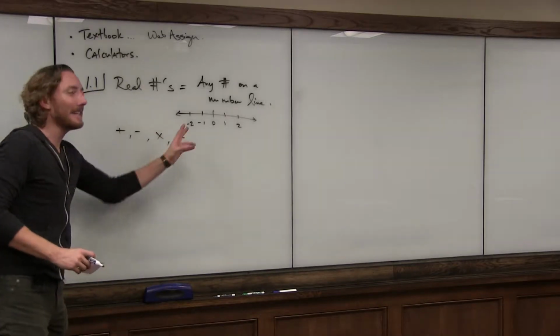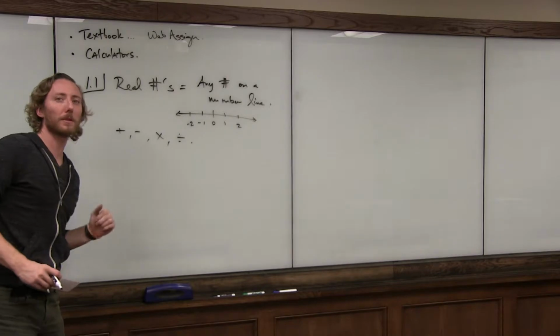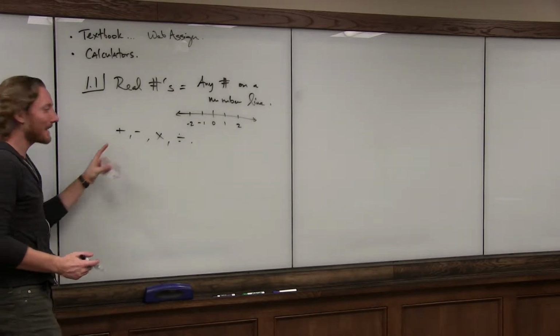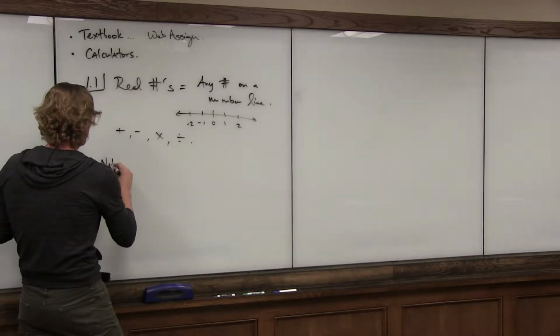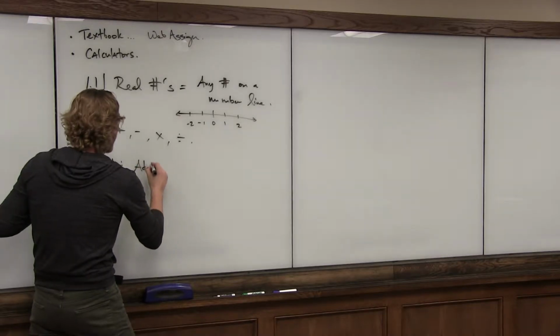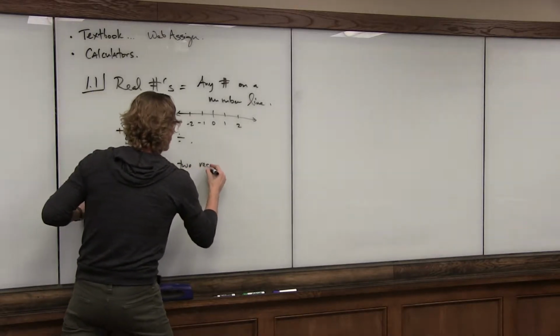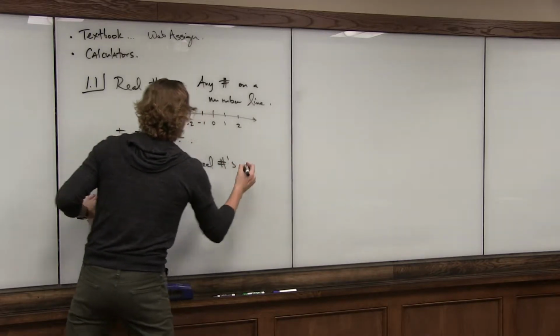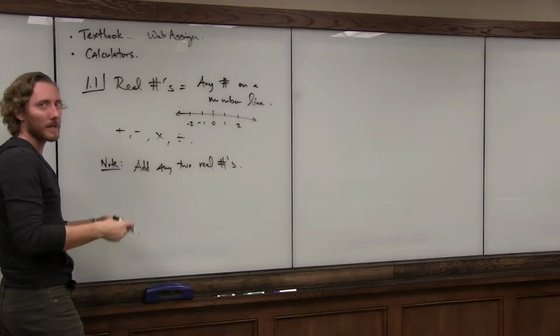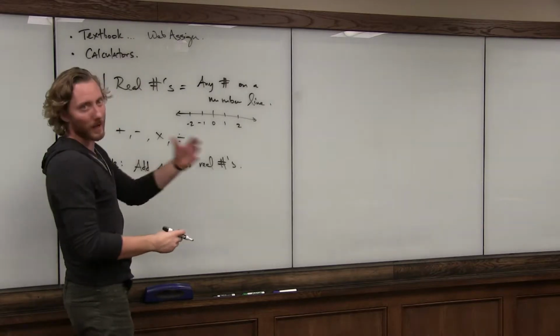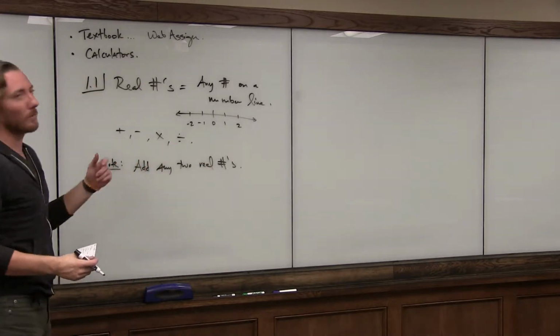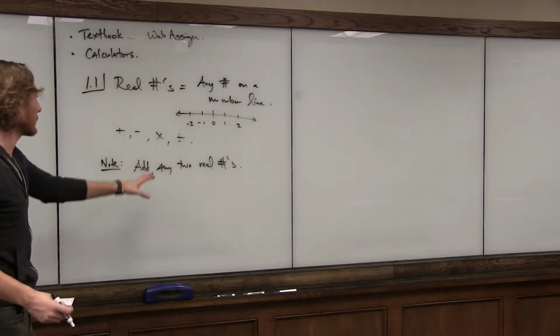You can take any two real numbers, any two numbers off the number line, and you can add them. Specifically, any two real numbers off the number line. Take the two numbers, add them together. 2 plus 3, 5. 2 plus minus 1, 1. Add any two numbers, you can do that.